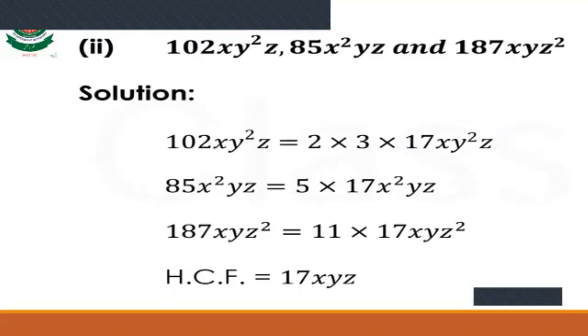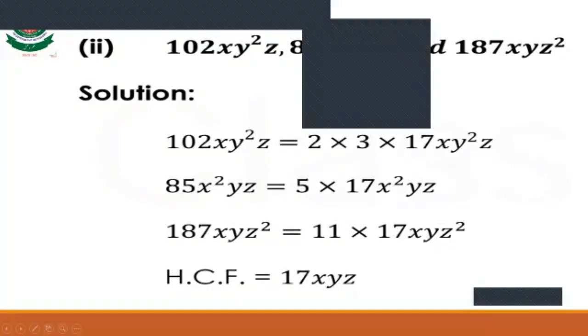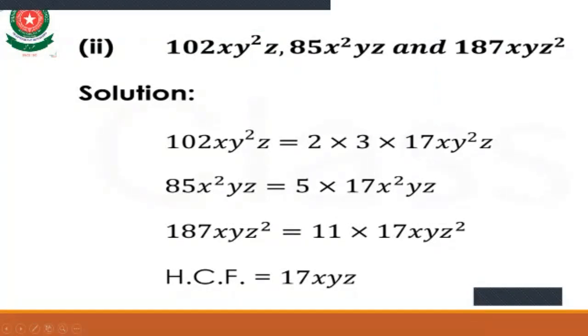You can write 85 as 5 into 17, x^2 y z. And 187xyz^2 you can write as 11 into 17, xyz^2. So you can note that 17 is common in all the terms, so you can write 17.